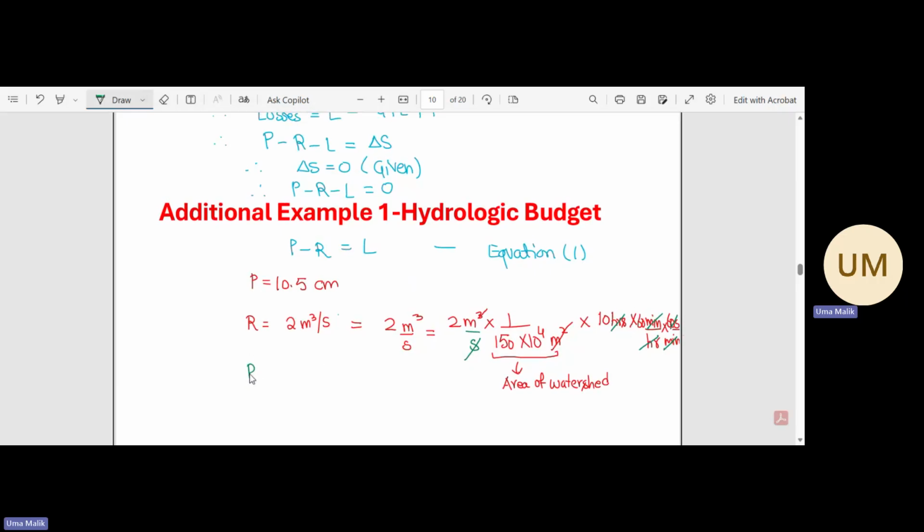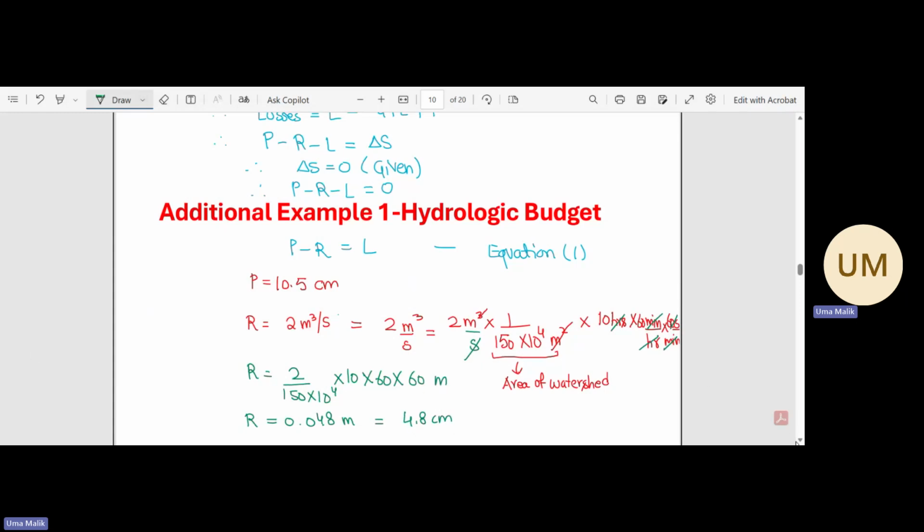So now R is 2 divided by 150 into 10 raised to power 4, into 10 into 60 into 60 meters, because meter is left. After calculating all this, I am getting 0.048 meters, which is equal to 4.8 centimeters.